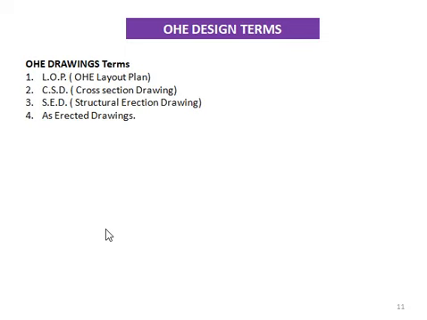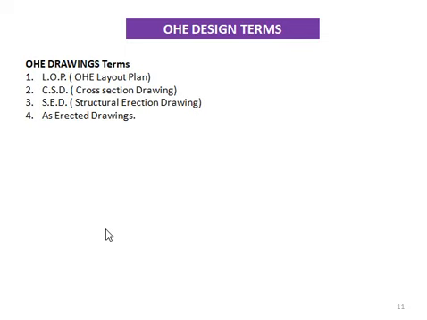We'll try to cover this LOP approval process and all the approval process for a particular project in a different video, but for now you just be aware of these terms.